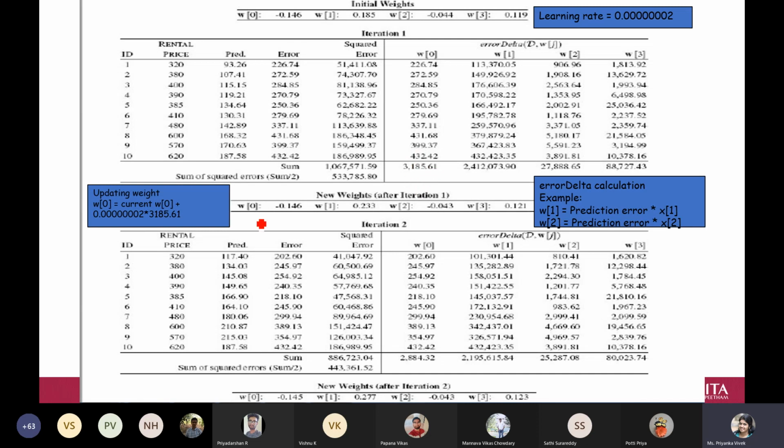When you do this, you get your new value of W0.